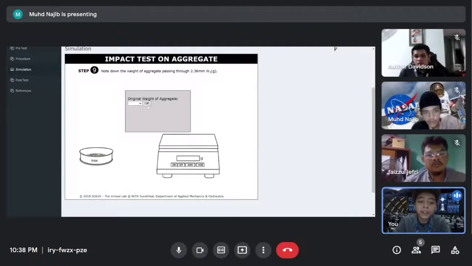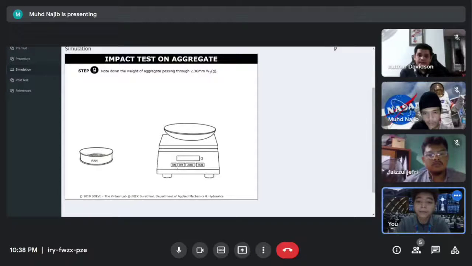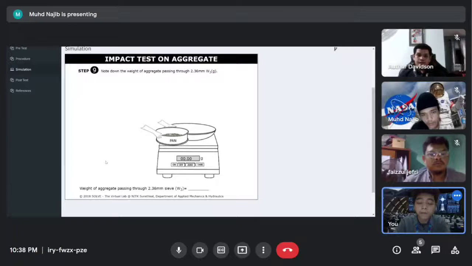Then we will measure the weight passing the 2.36 mm sieve and retained on the 2.36 mm sieve. Okay, so the weight of aggregate passing through the 2.36 mm sieve is 82 gram.